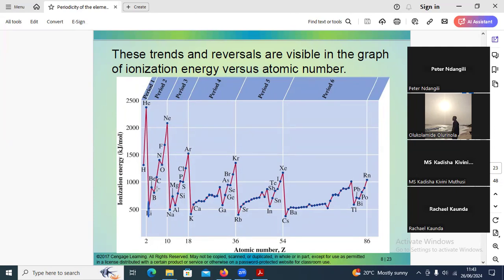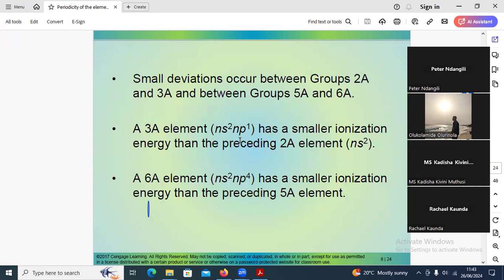It is supposed to increase as you move from lithium to neon. But there are two particular cases whereby it is decreasing from one element to another. And that is mentioned here.